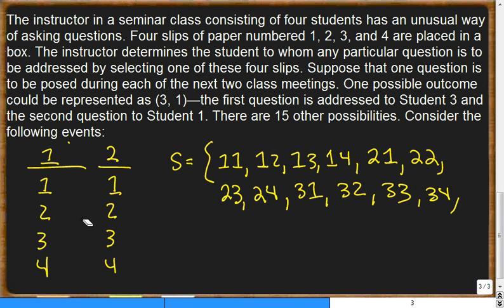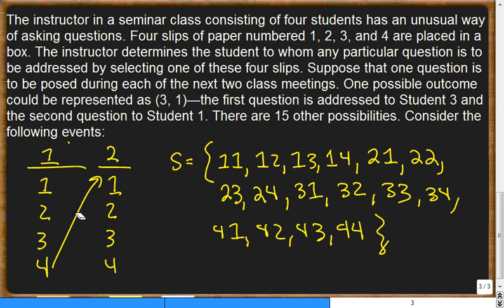And finally, what if the fourth person goes? We've got 4, 1, 4, 2, 4, 3, and 4, 4. You should see that we have 1, 2, 3, 4, 5, 6, 7, 8, 9, 10, 11, 12, 13, 14, 15, 16 possibilities. That comes because we have 2 independent events, and we'll talk about this later, where we have 4 options each.